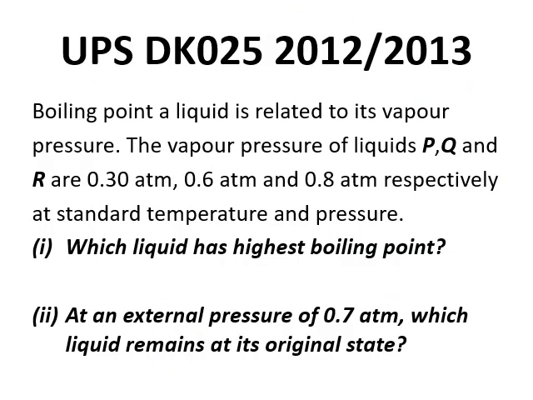Let's discuss one more question before we end this video. The boiling point is related with the vapor pressure. The vapor pressure given for liquid P is 0.3, Q is 0.6, and R is 0.8. Which liquid is going to have the highest boiling point?